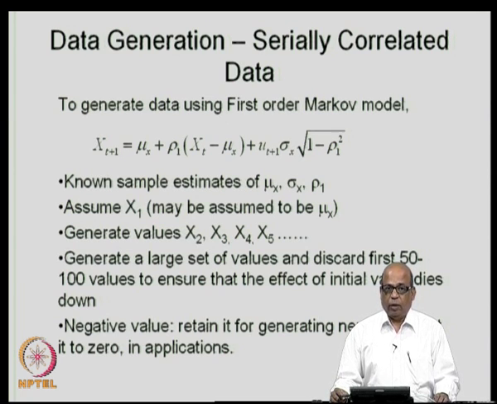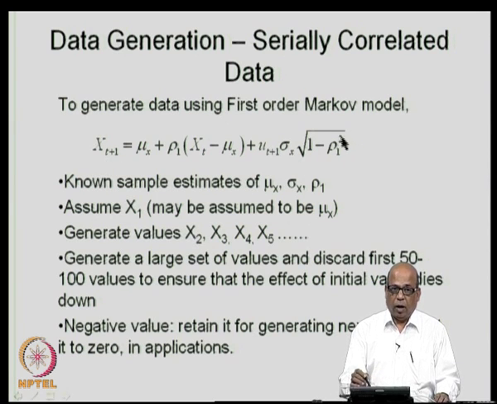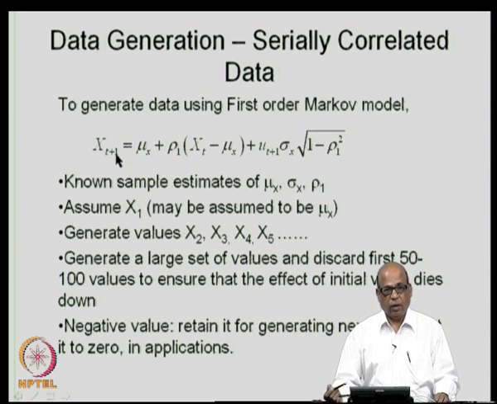Because you are using the normal distribution, it is likely and often it happens that you generate negative values, because the standard normal deviates that you are picking up will typically go from -3 to +3, and therefore, the values that you generate can be negative.